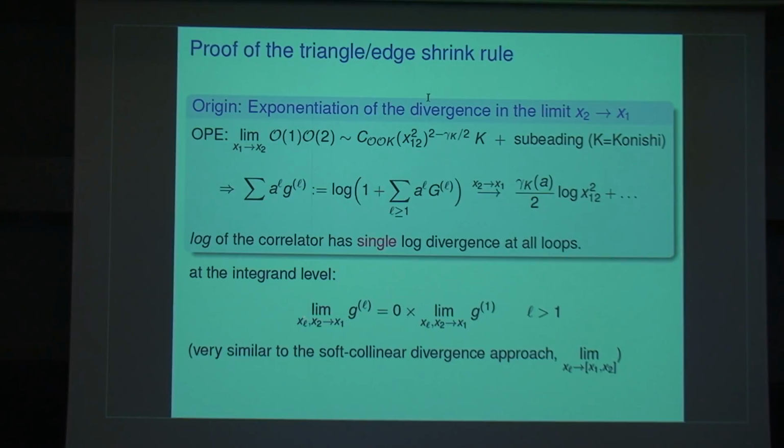And here it says that the divergence comes from when one of the loop integration variables goes to x2 and x1, which are also going to each other. And you're supposed to get a 0 in that limit. Okay, so it's a 0 times a divergence, but you can understand that you can separate these out quite cleanly in the integrand level. So far it's exactly the same story as for the soft collinear divergence.